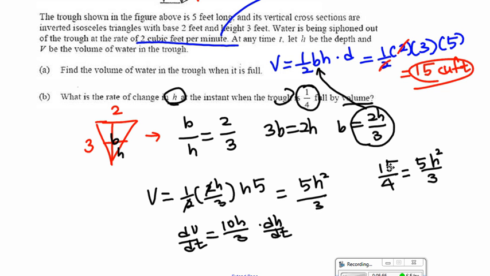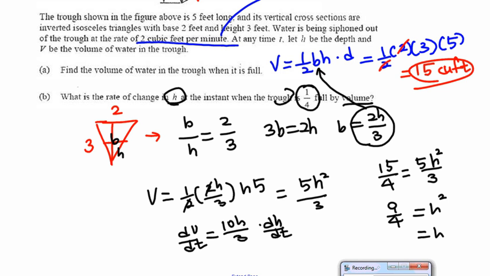Now, when you cross multiply, we'll end up getting h² becomes 9/4. So therefore h would have been equal to 3/2. Now since h is equal to 3/2, all we have to do is plug in that value.